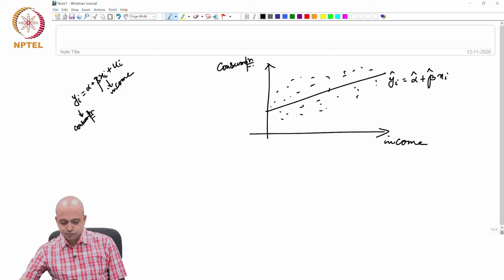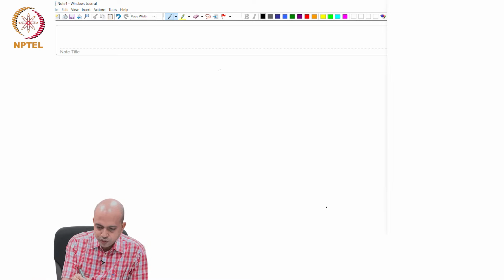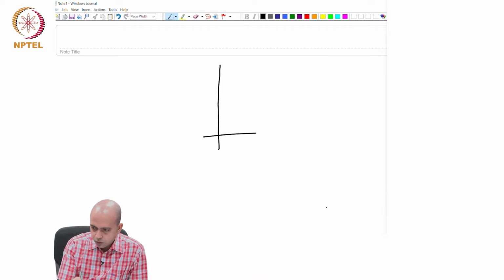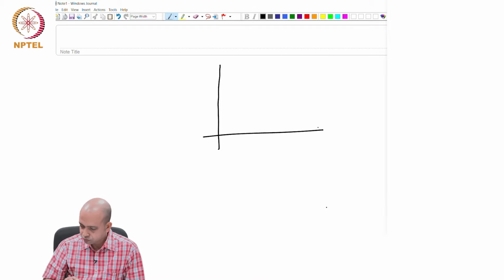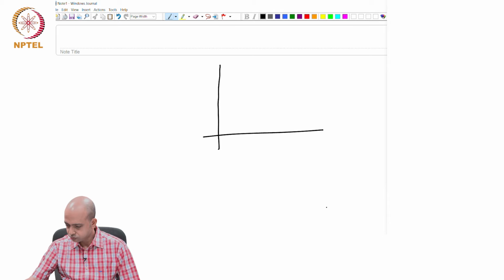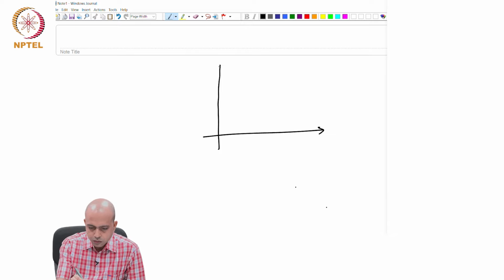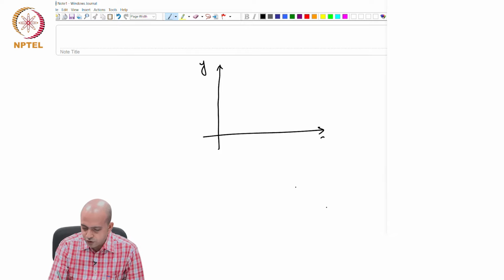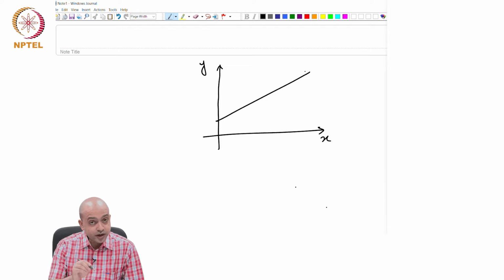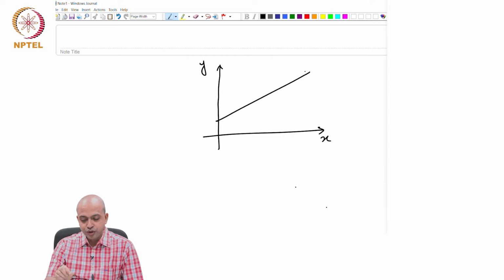So, if your y is the dependent variable and x is the independent variable, then with the regression line our objective is to explain the variation in y with the help of x.